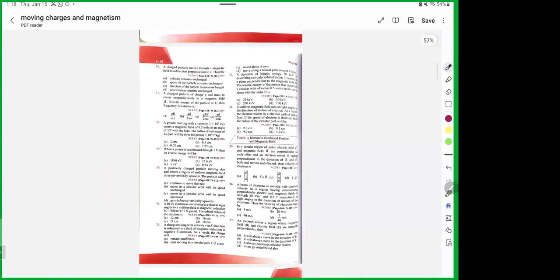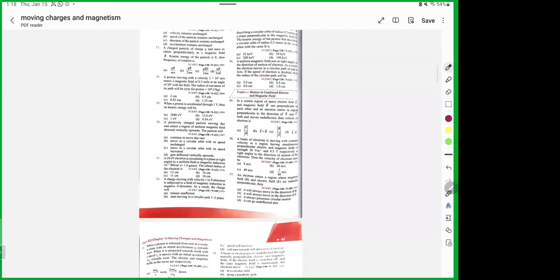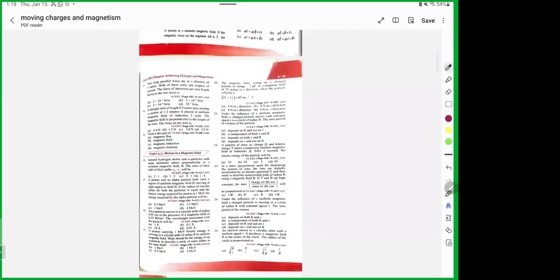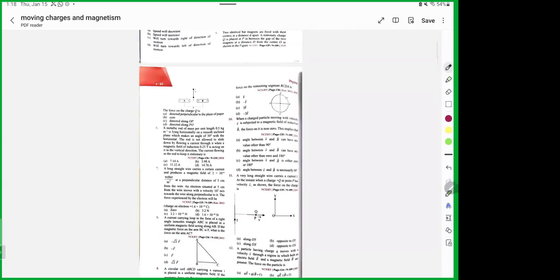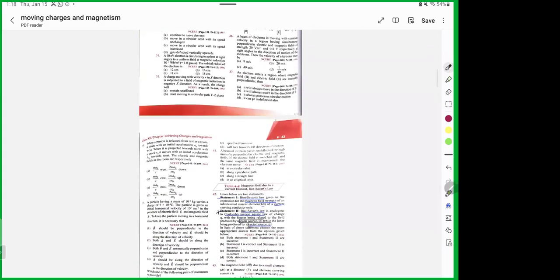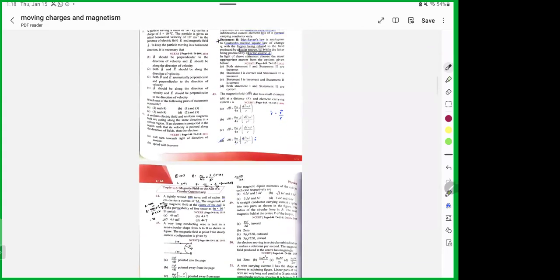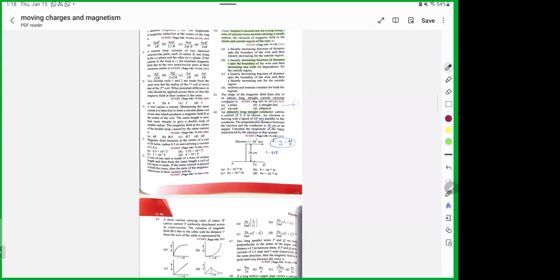But you have to do 20, not 20, 20 will be too much. 15 questions from this topic, moving charge and magnetism. From the topic what we did so far, not everything. Example, we did this part. Motion in the magnetic field we didn't do. First topic we didn't do. Magnetic force, no. Magnetic field done. Magnetic field on the axis of the circular current loop is done, the full topic. Ampere circuital law done.